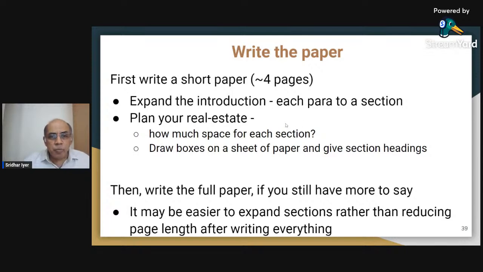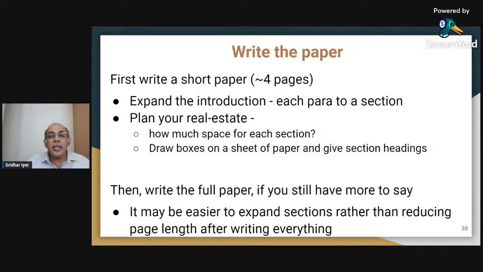Now, this next point is also an idea that has proved to be useful, where you plan your real estate. You take a sheet of paper, divide it into 4 sections, and draw boxes which say that for the introduction I'm going to write so much, then for the next section, related work, I'm going to write so much, for methods I'm going to write so much, and so on. When you see it on paper, you will see that you have only 4-5 lines to write for a particular section.